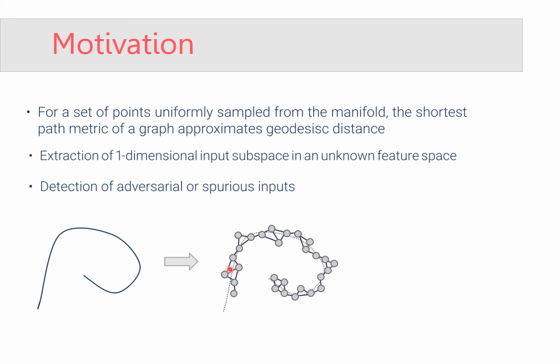So the points which are connected by a line, it means that these 2 points were sampled from somewhere close. For example, these few points represent this part of a curve.